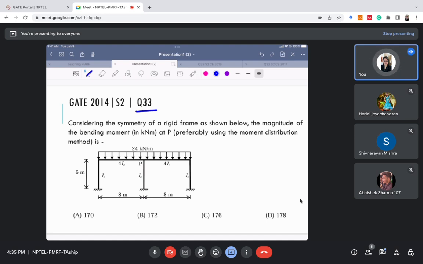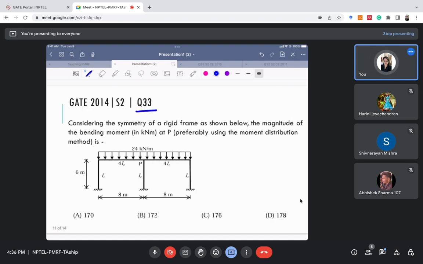Here they are saying to use the moment distribution method, but I'll use the slope deflection method, okay. But the carryover moment, joint stiffness and distribution factor part you should not leave, because they can ask that separately from the moment distribution method, okay.